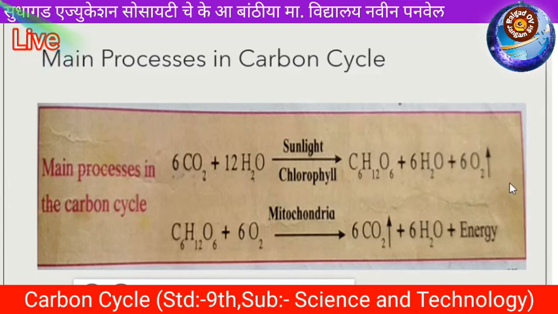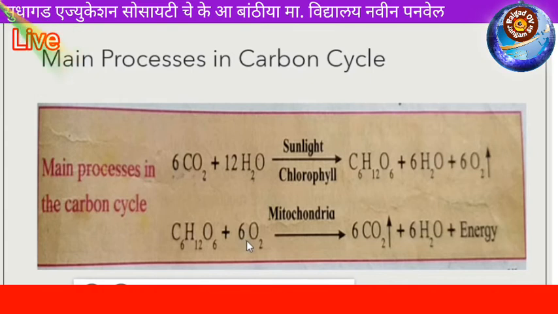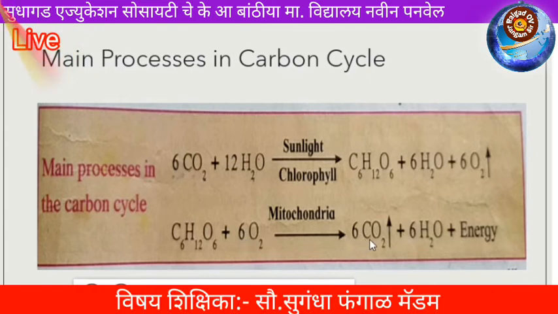These plants are eaten by animals, and this glucose is transferred from plants to the animal's body, and the glucose is broken down by the process of respiration, and again carbon dioxide is released into the atmosphere, plus water and energy.